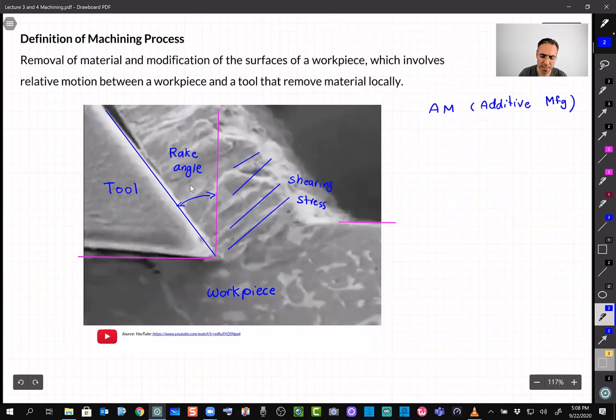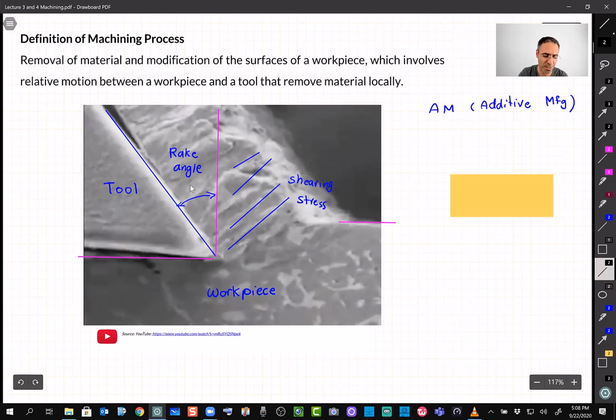Let's imagine that we are cutting a piece of butter. Let's say this is a piece of butter, and with a knife I want to cut a piece of it. Hope you guys are not hungry.